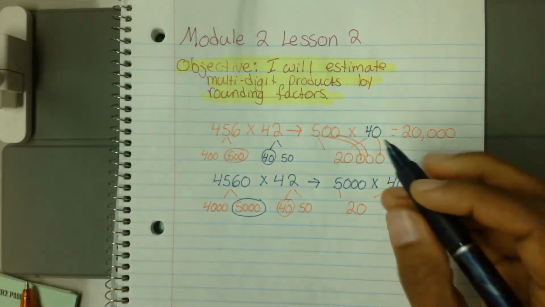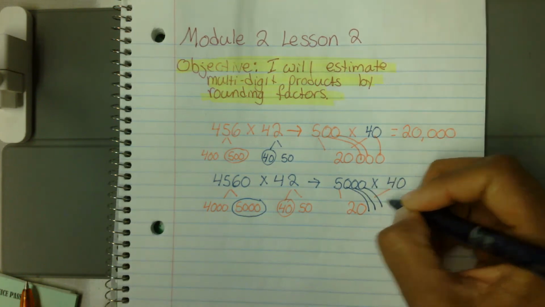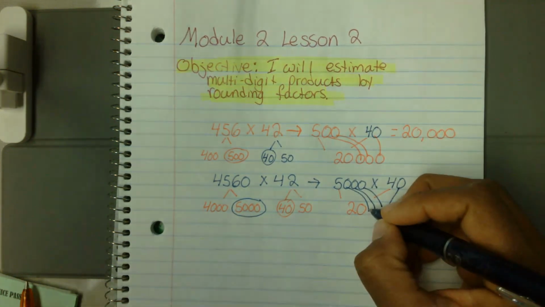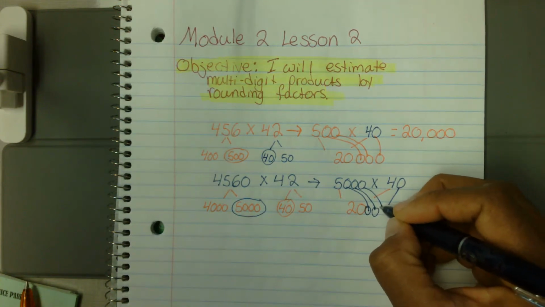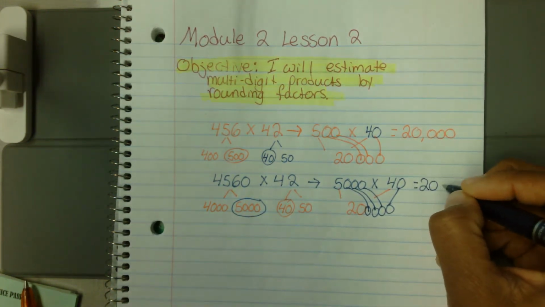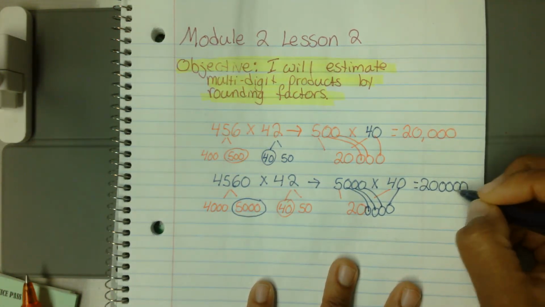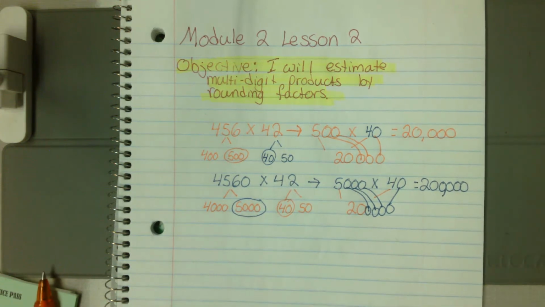And then I have to bring down a 0 here, a 0 here, a 0 here, and a 0 here. So I know that I'm going to add 1, 2, 3, 4 zeros. So I know my answer is 1, 2, 3, 4, 5. Count back my threes. 200,000.